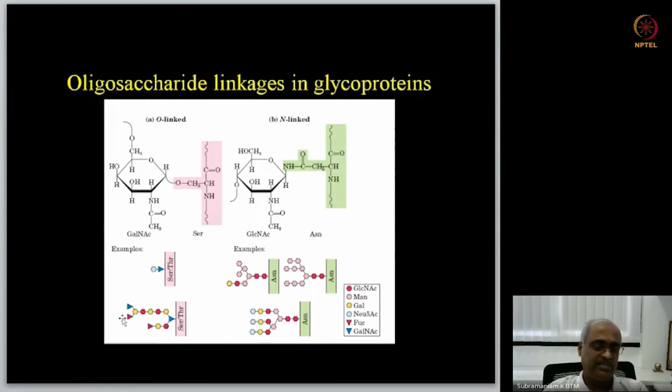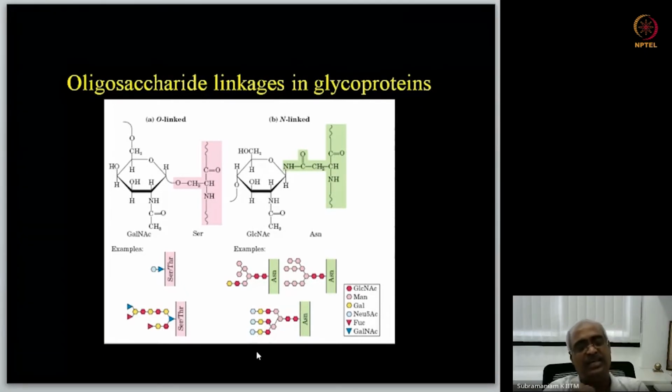And here are some examples. So these are specific carbohydrates attached. Each one is color coded and explained here. Mannose, galactose, N-acetyl neuraminic acid, fucose, and so on. So you see here they all have specific sequences, and these specific sequences can therefore have specific codes.